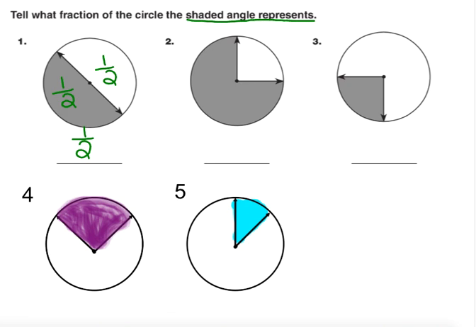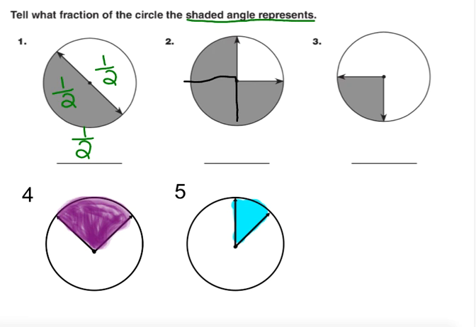Number 2, again, it's shaded area. Looking at this circle, I don't know what the denominator is. So I like to follow with my pen to create the parts. Sorry, that's a little crooked.